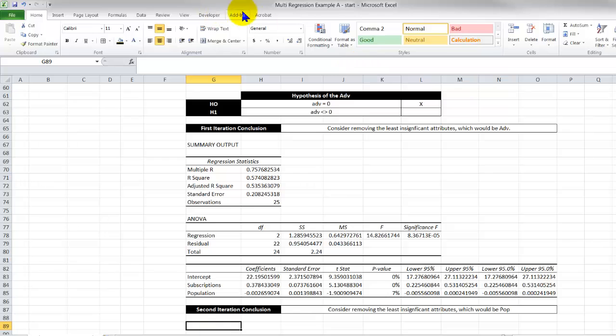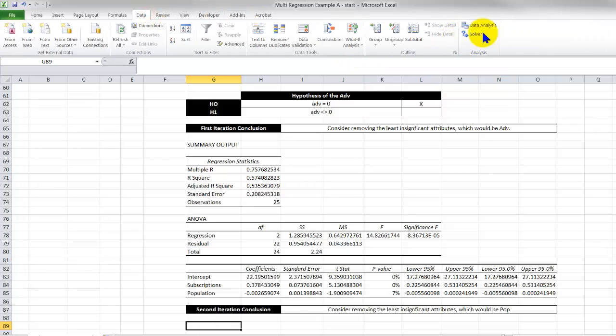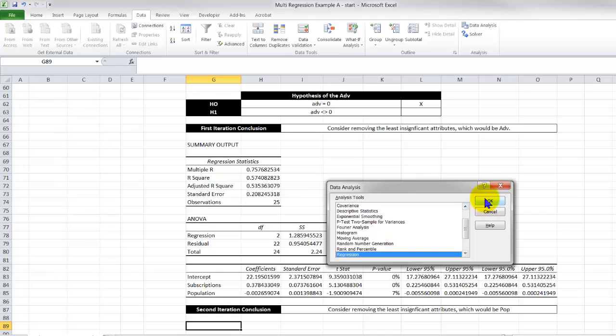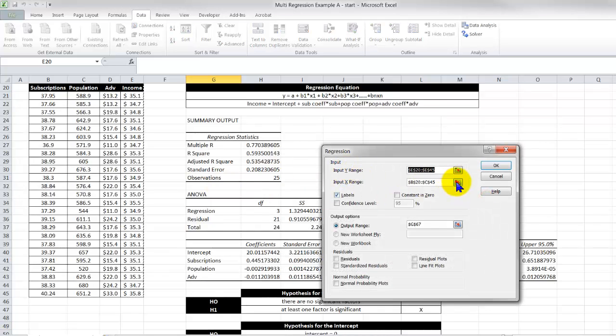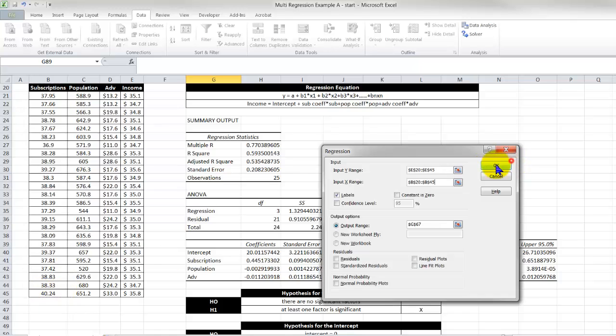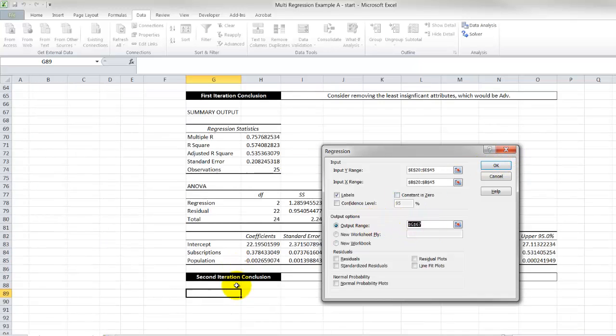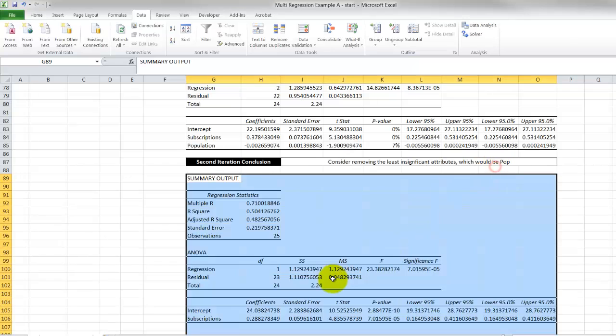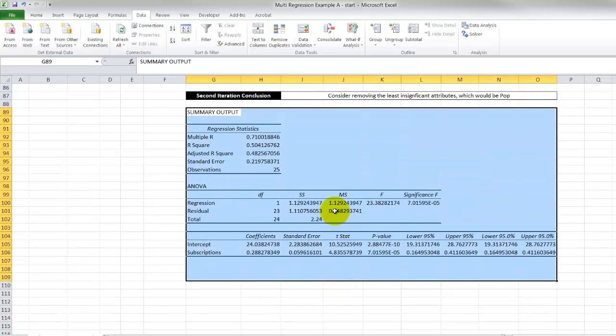Let's run it again. Data, analysis, regression. Let's change the X to just subscription now, and remove the report down here. And now let's look at our results.